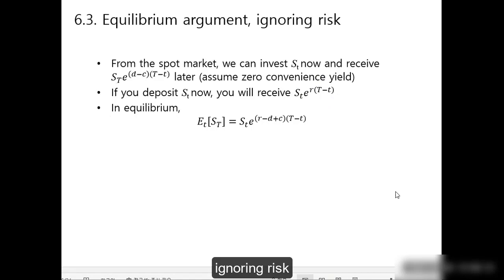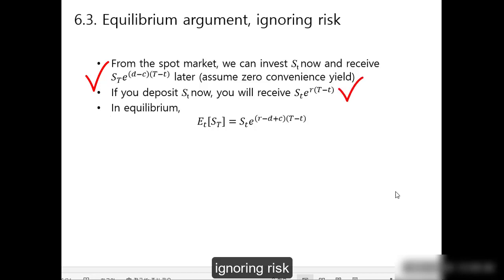Given these two possibilities, one simple argument would be that whether you put your money into a bank or into the spot contract, you should get exactly the same amount in the end. And therefore, you may say that this amount should be more or less equal to this amount.